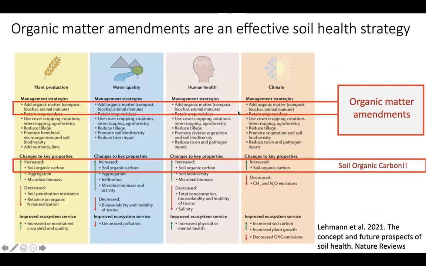But again, going back to this figure from Lehman, across all of these functions, the management strategy that's always listed is adding organic matter: compost, biochar, animal manure. It's a fast and effective way of increasing soil carbon. There are lots of questions about life cycle analysis that we take on in the lab, but certainly it's been shown across a number of different systems to be effective.